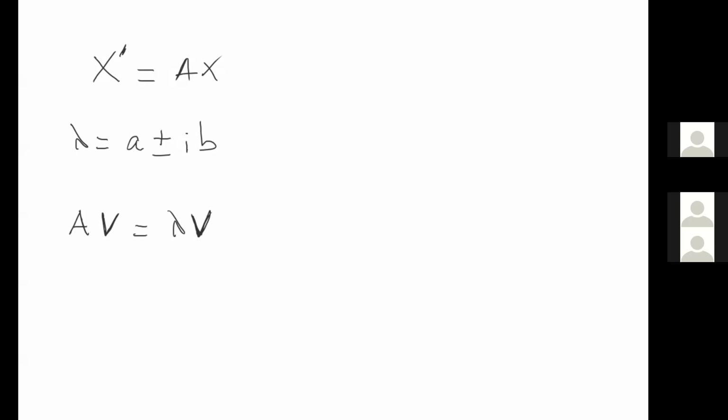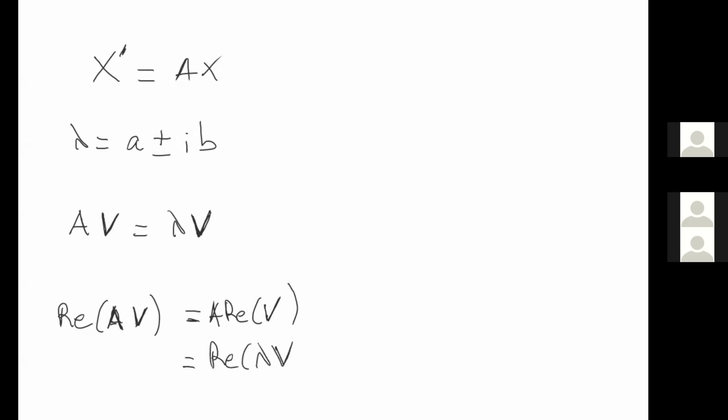I have that the real part of Av, which is A times the real part of v, equals the real part of lambda v.